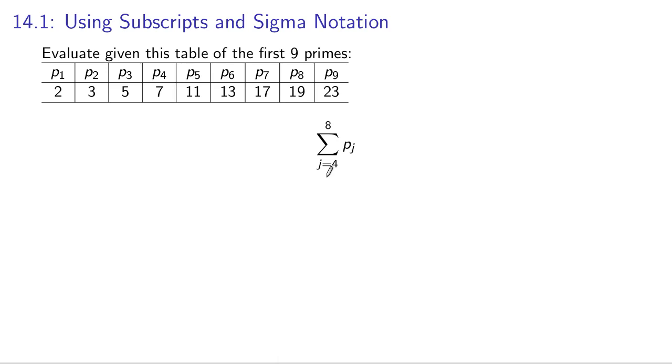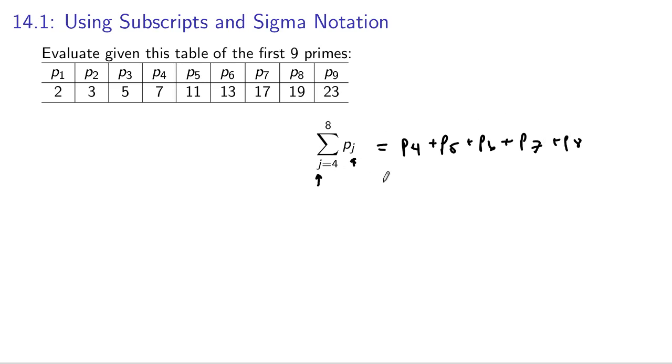Here we have a sum from j is 4 to 8. So here this is showing us that what letter we use here for our index could be anything, and it will show up here inside our summation notation. It's the same letter. So we're going to go where j is 4 to 8. So that would be p sub 4 plus p sub 5 plus p sub 6 plus p sub 7 plus p sub 8.